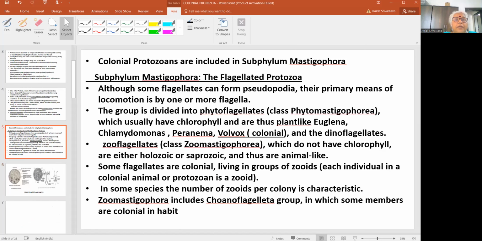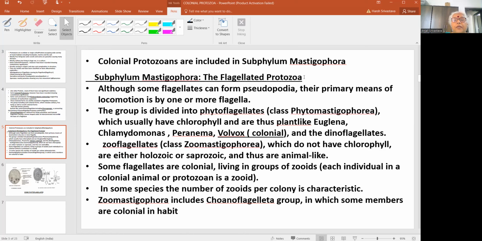Now let us see one by one. First, let us see the flagellated Phytomastigophora. The group is represented by a very brilliant example, that is Volvox. Volvox is a colonial Phytomastigophora, but its position has been questioned now. According to some taxonomists, Volvox is not kept now in the phylum Protozoa.